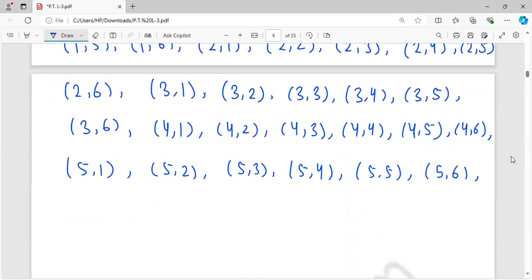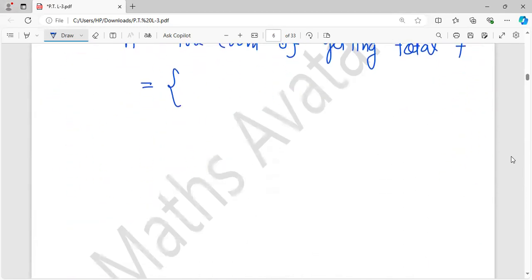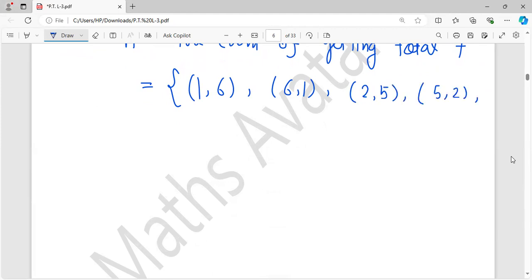So which outcomes make 7? (1,6) will make 7, and (6,1) will make 7. And (2,5) will make 7, and (5,2) will make 7. And then (3,4) will make 7, and (4,3) will make 7. So these are the only possibilities.